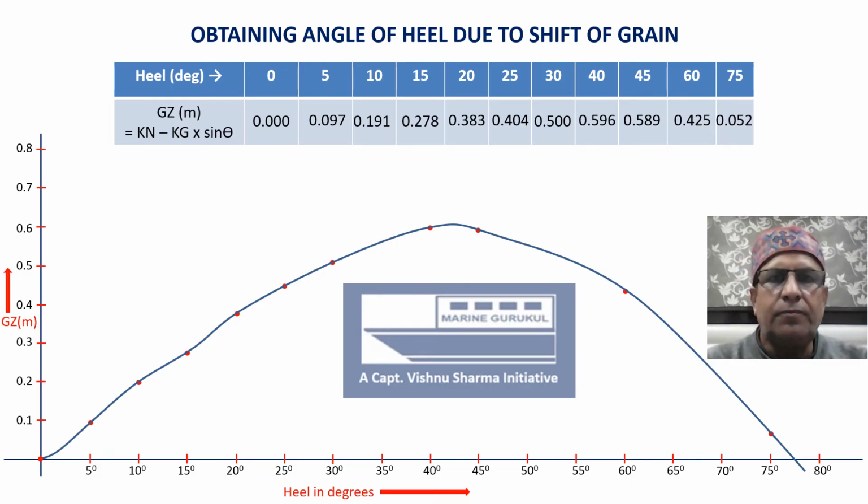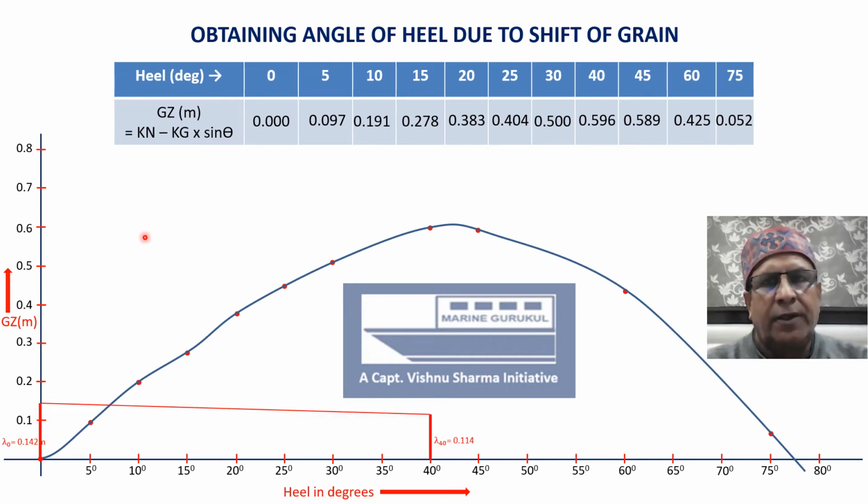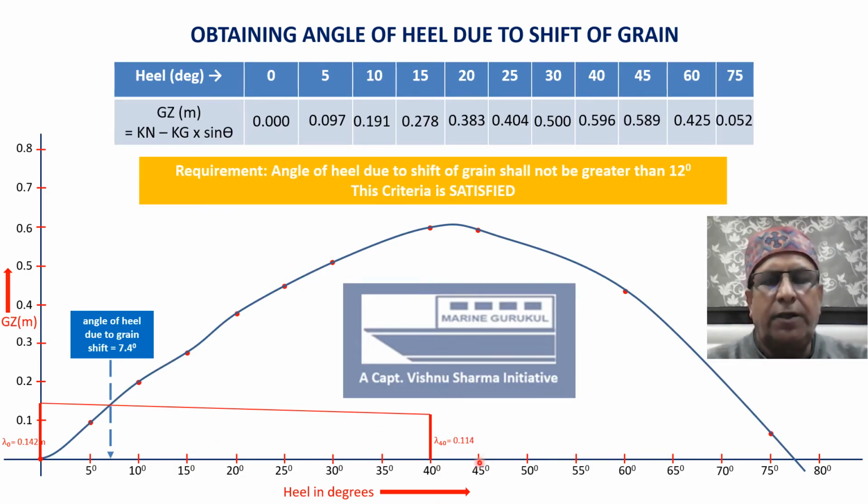And we get the GZ curve. Once you get the GZ curve for the question, then on the GZ scale, we'll plot lambda 0 at 0 degrees angle of heel. And we had calculated this red line here, you see, it is lambda 0, which was calculated to be 0.142 meters. At 40 degrees, we'll plot lambda 40 using the same GZ scale, which was 0.114 meters.